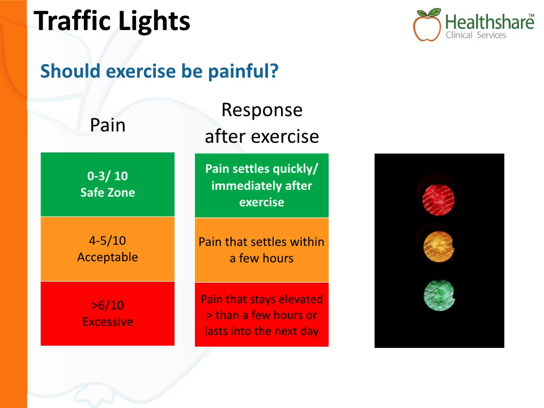If your pain rises to a 4 to 5 out of 10 and takes a few hours to settle, you are in the amber zone. And if your pain is excessive, over 6 out of 10, and stays elevated for a number of hours afterwards, or at least into the next day, then you have over-exercised and are in the red zone.